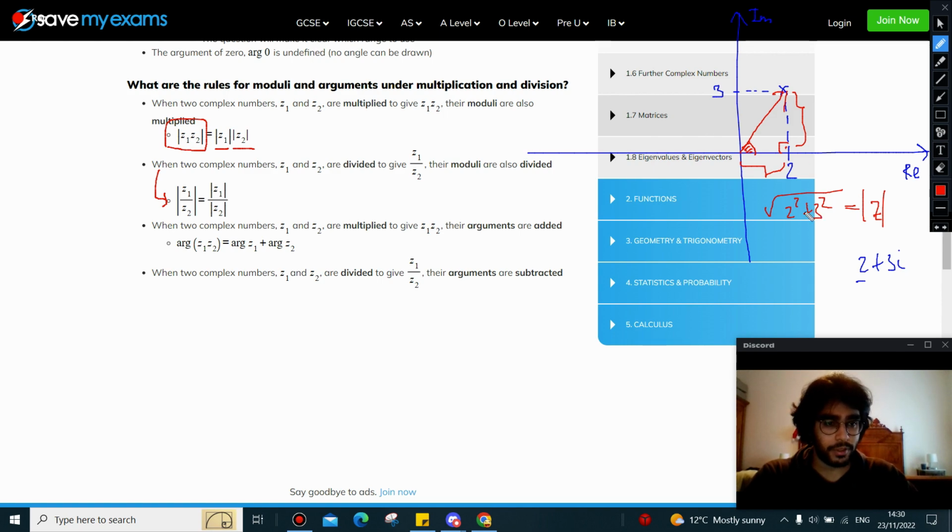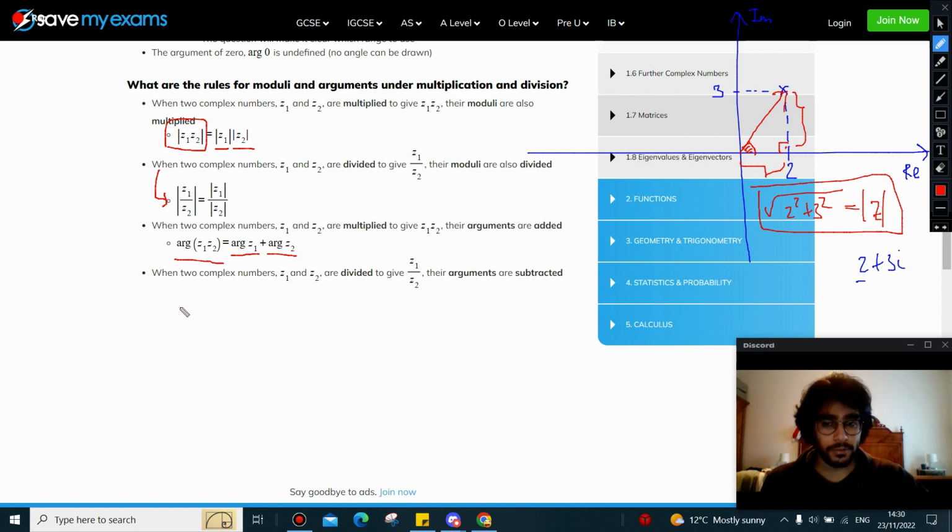Again, the modulus was defined like this one. You take the square of the real part and the square of the imaginary part, and then you take the square root of it. And how would the angle work? If you multiply two complex numbers and want to find the angle after multiplication, then that would be just the simple addition of the angles of the two complex numbers.